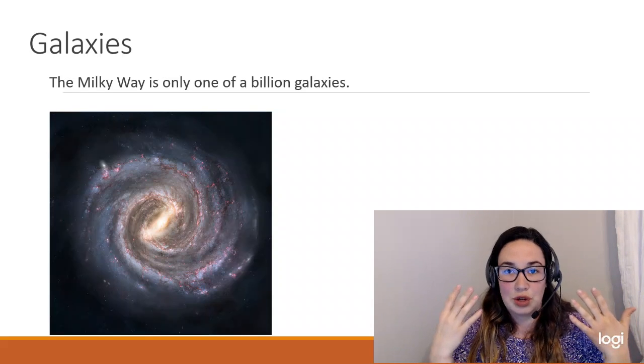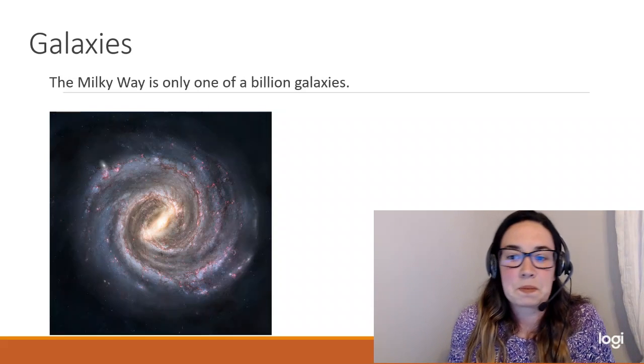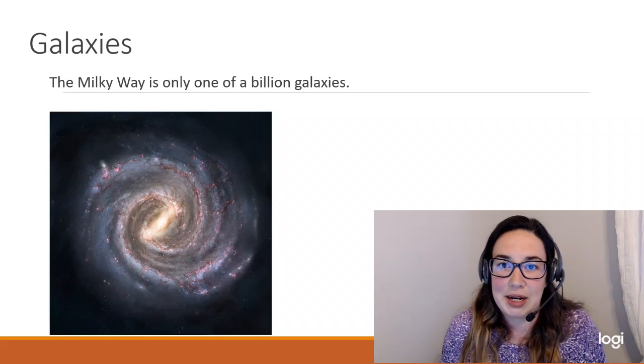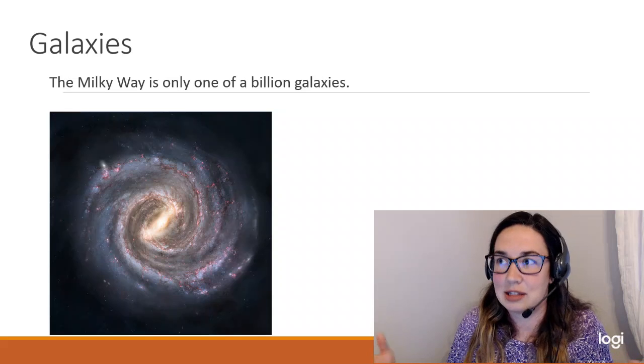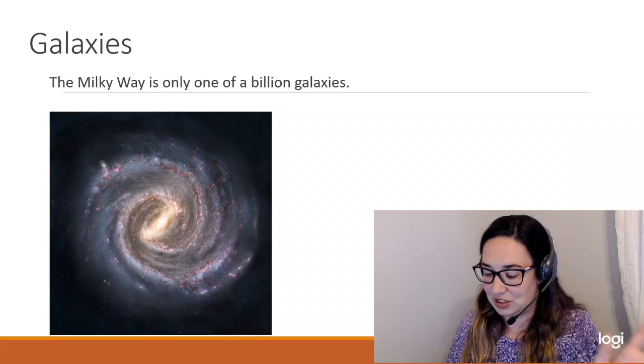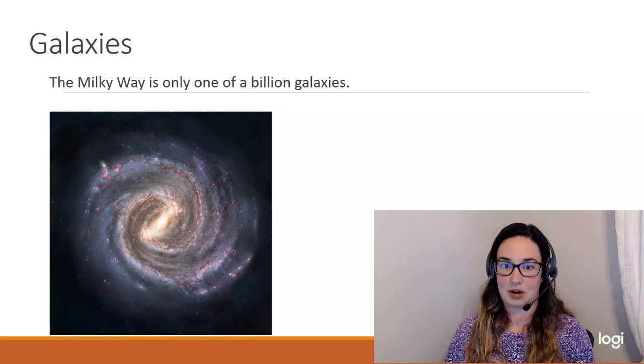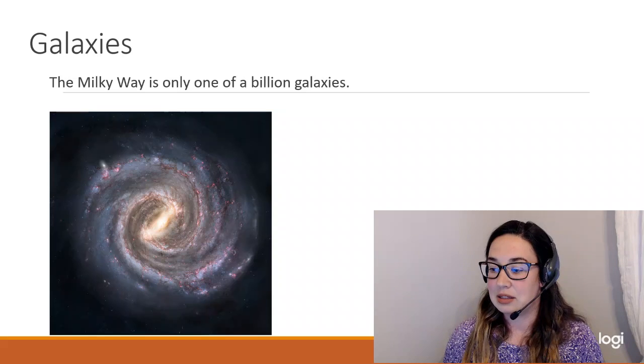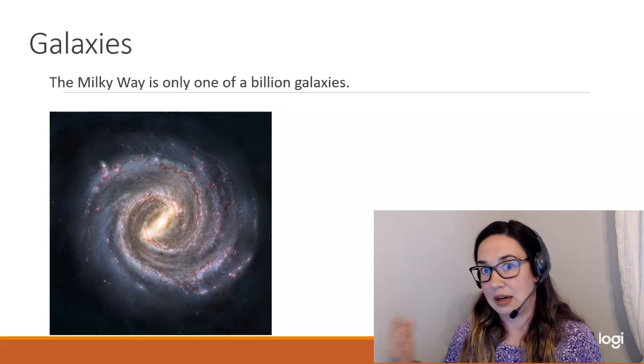It's hard even now for me to wrap my brain around how big space is, and I can't even think about how large it is, because it's incredible, and it's never ending.